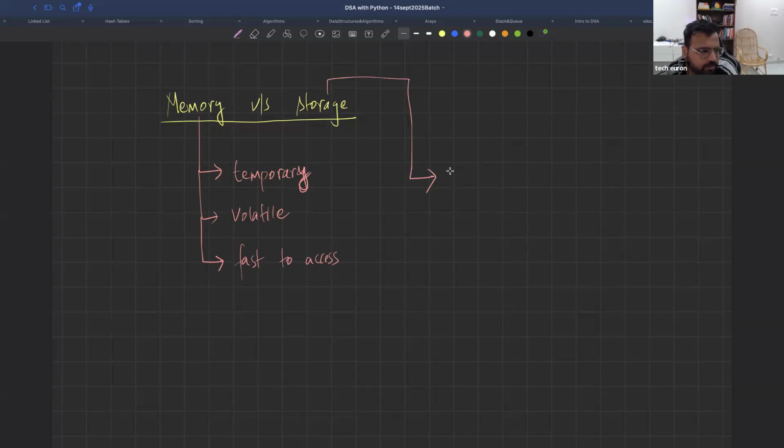Storage is permanent, but it is slow to access compared to memory. And it is non-volatile.